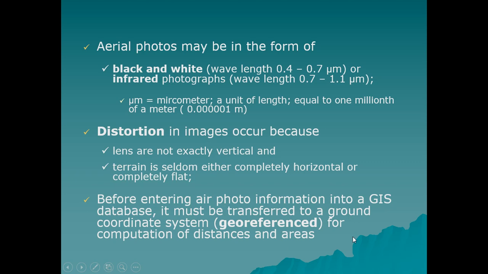So please be reminded, when you have an image, before you can use that image in GIS, it must be georeferenced. Without georeferencing, remember that image has no geographic context. You cannot actually identify a location, so it must be georeferenced. So the process of adding geography to the image is called georeferencing or georeference.